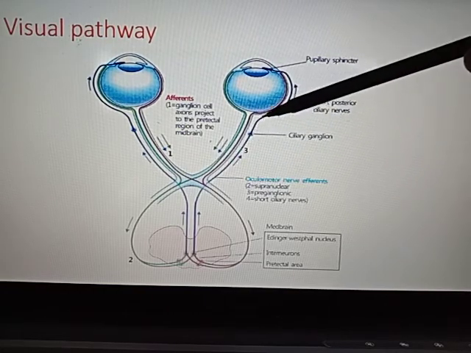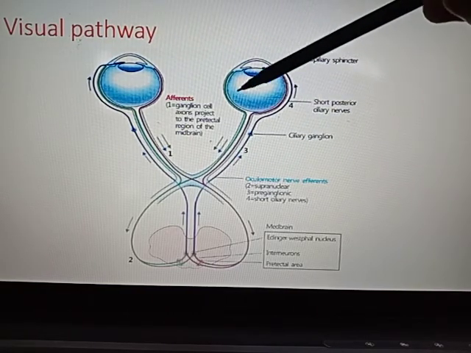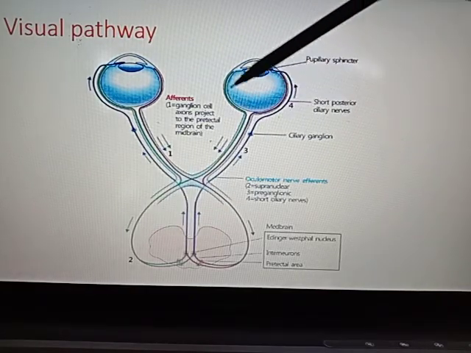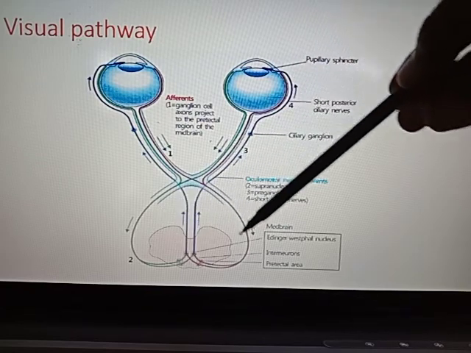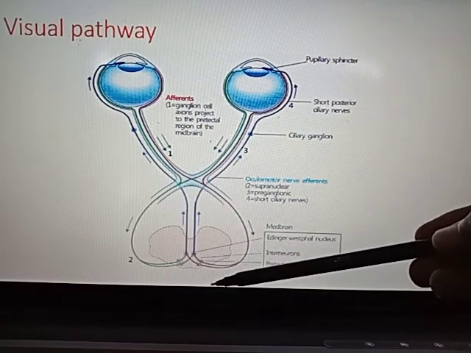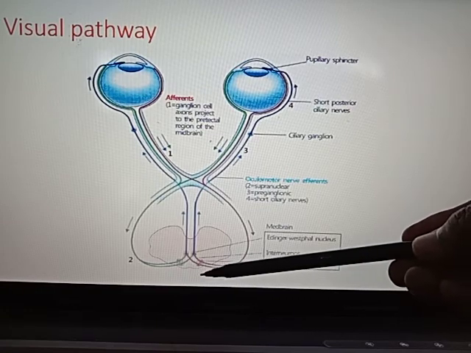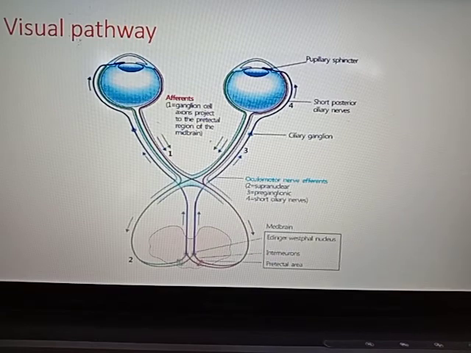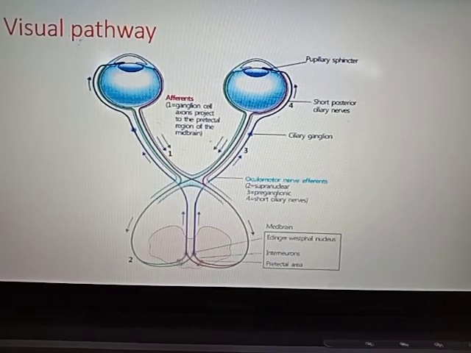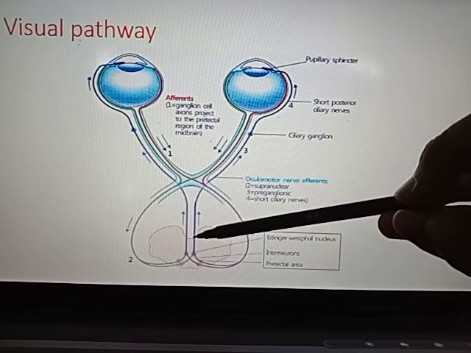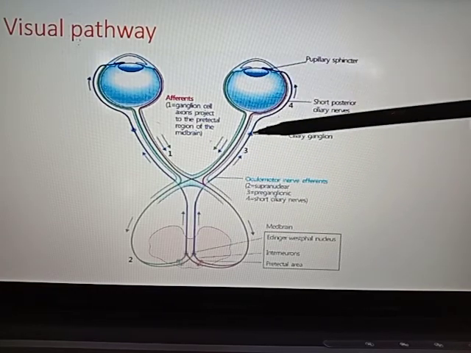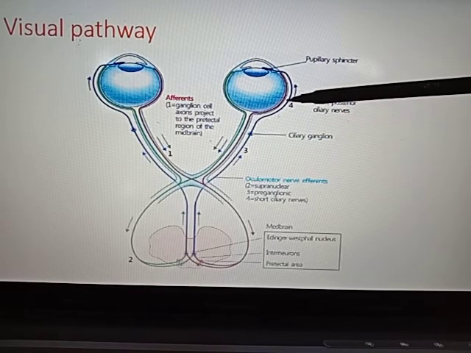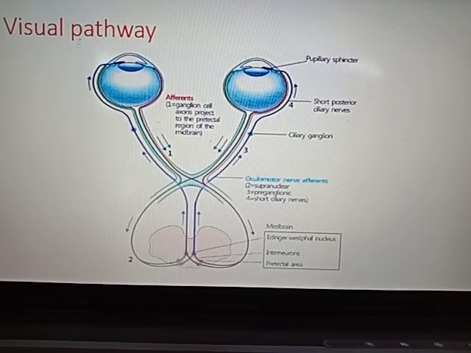It completes the pathway. In this visual pathway, the sensory part, the afferent, comes via the optic nerve, then goes to the pretectal area. From this pretectal area, there is an interneuron, and the interneuron goes to the Edinger-Westphal nucleus, and from this nucleus the parasympathetic impulse goes towards the eyeball, forms a synapse in the ciliary ganglion, and from the ciliary ganglion the postganglionic fiber reaches the pupillary sphincter muscle.